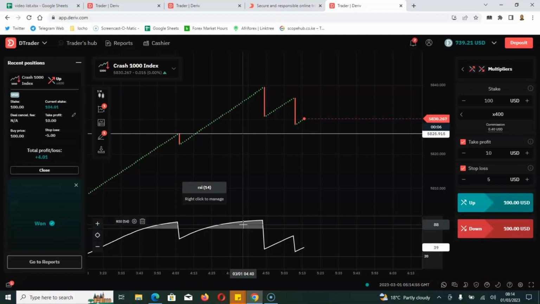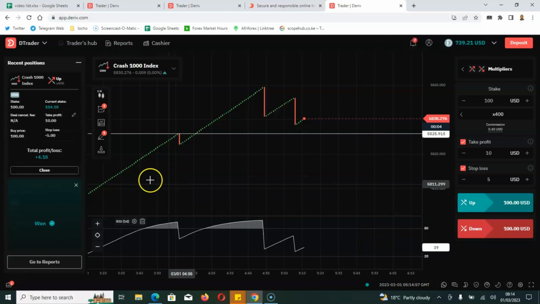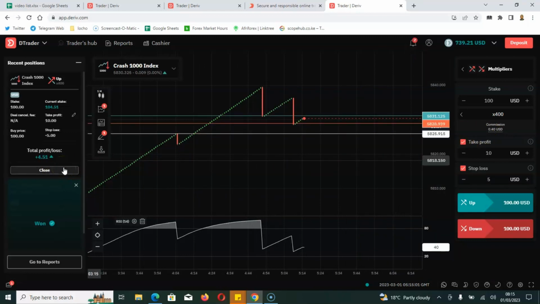My strategy is I usually go in, and once it makes like $5, I exit to eliminate greed, because profit sometimes can really lie to you and cause you to make losses.